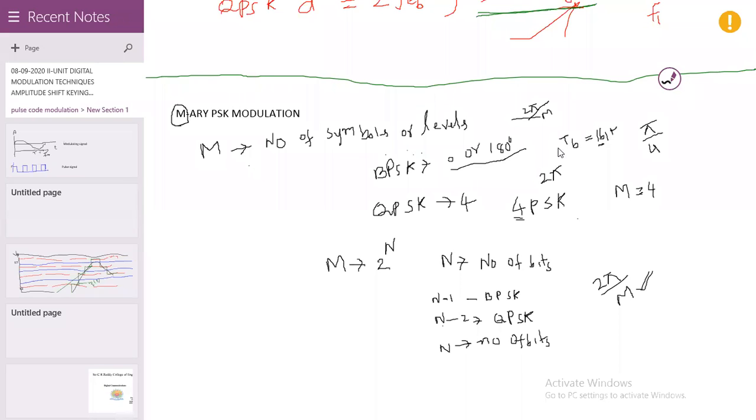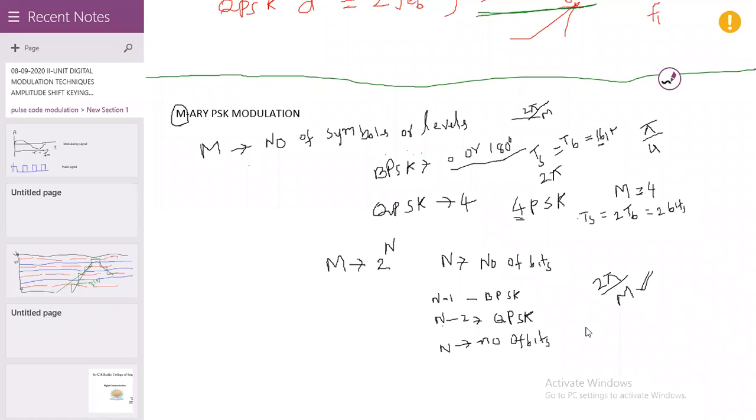That means in BPSK, TS is equal to TB, that is 1 bit. Whereas in QPSK, TS is equal to how many TBs? 2 TB, ma'am. Very good. 2 TB, because each symbol consists of 2 bits.